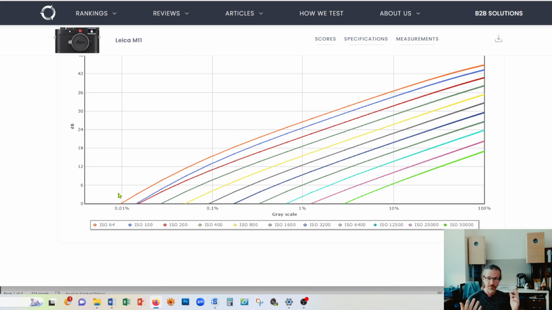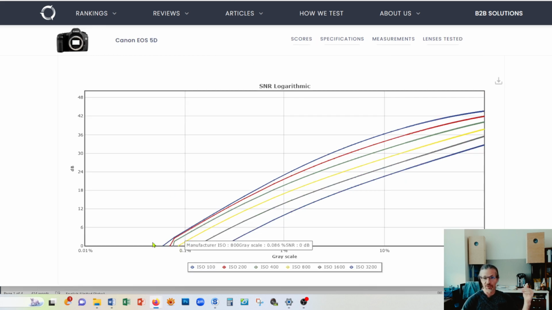So once you have overexposed your image with the Canon 5D and you want to bring up the shadows, you can't do it, because you would need this range of measurements of the photo to bring up, and you don't have this.